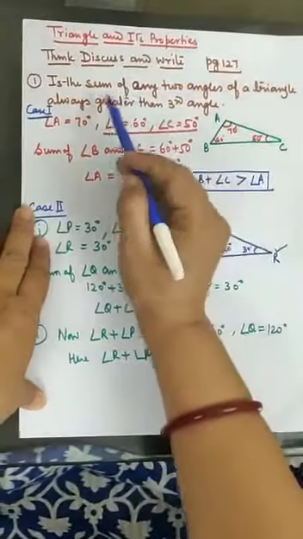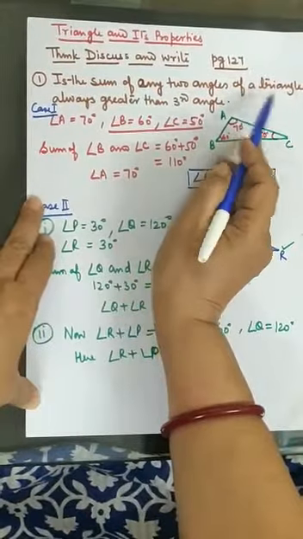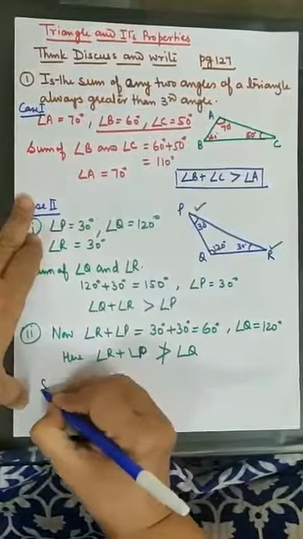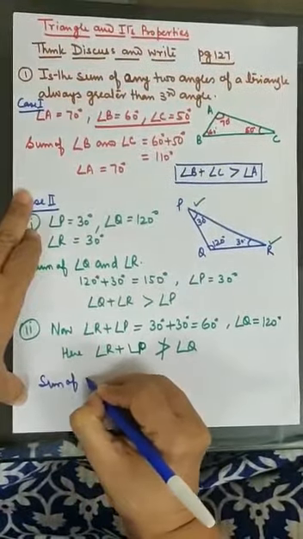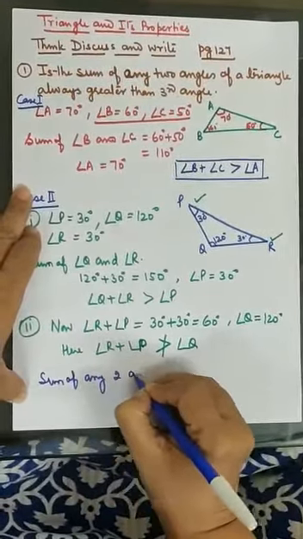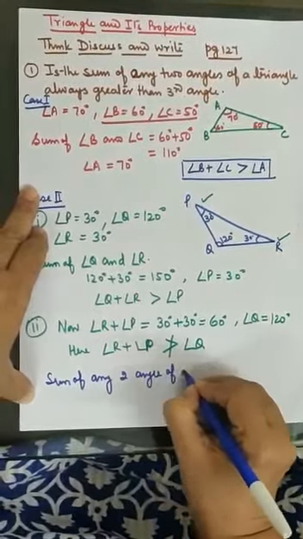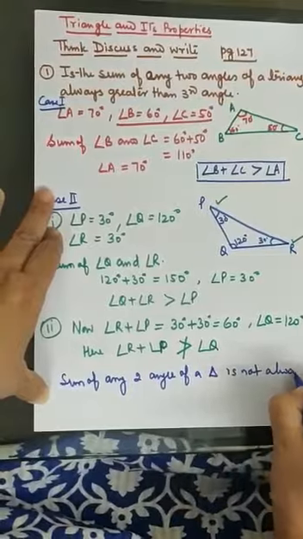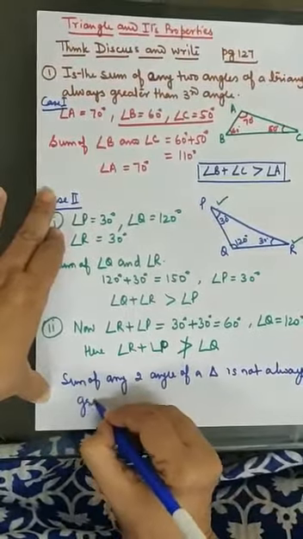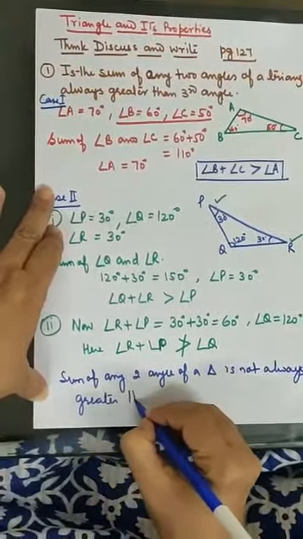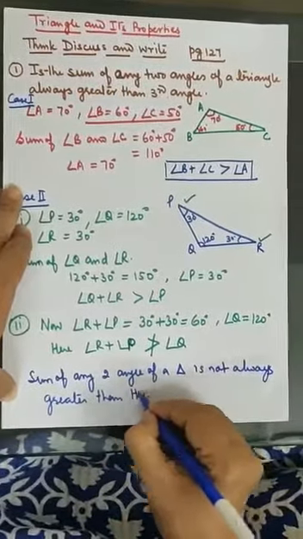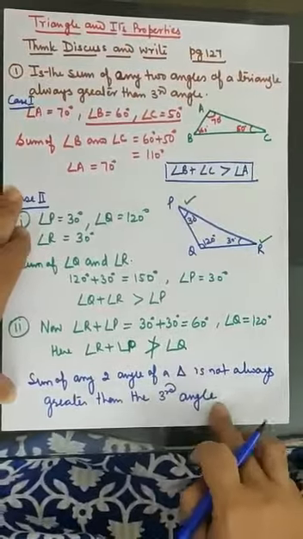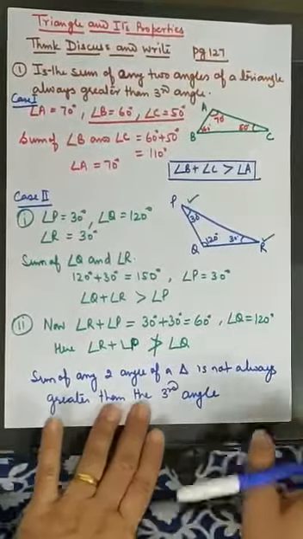So we conclude that sum of any two angles of a triangle is not always greater than the third angle. Is it clear? Okay.